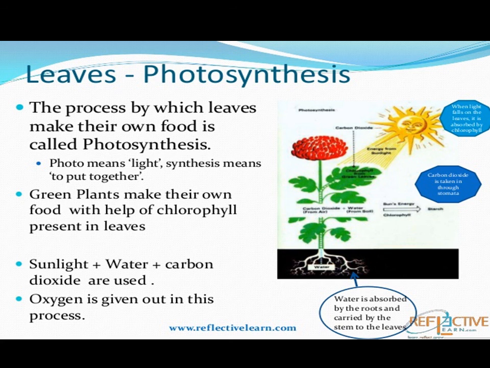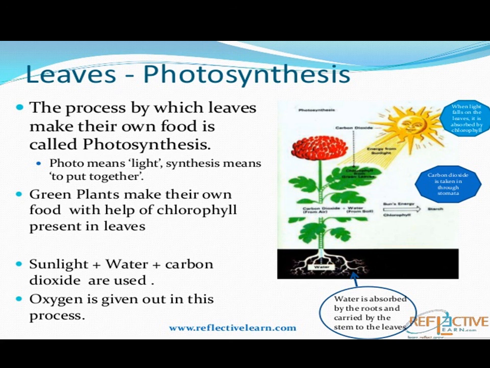Here in the picture you are looking at the sun, a plant with leaves and roots. Let us first pay more attention to photosynthesis. What actually does it mean? Photo means light and synthesis means to put together.